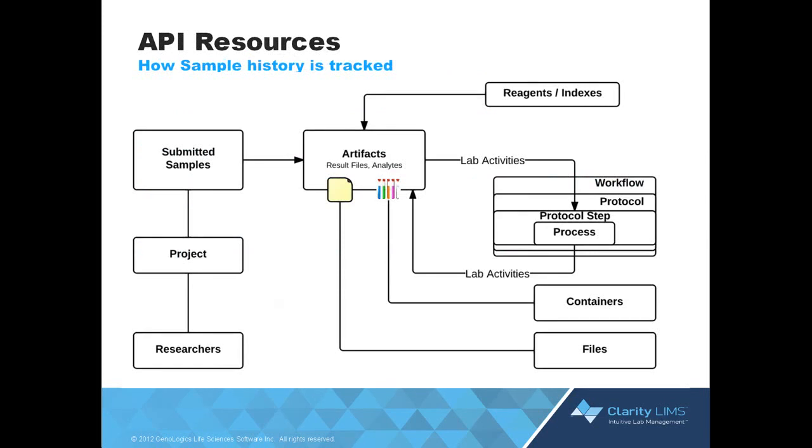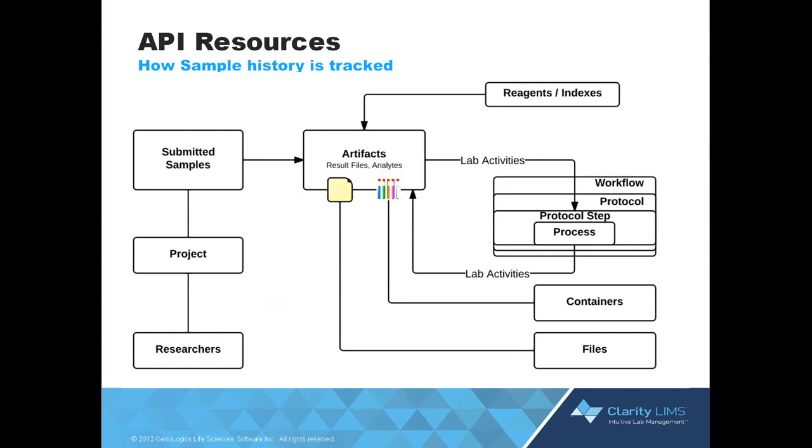The diagram that I have on screen here is one that we'll come back to in pretty much every module, and in as much as possible it's a simplified view of how the LIMS works. Looking at the left hand side here, you can see that projects are related to researchers in that a project is owned by a researcher.